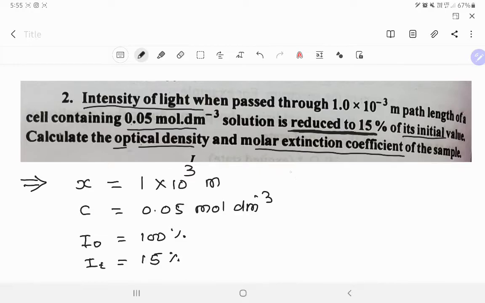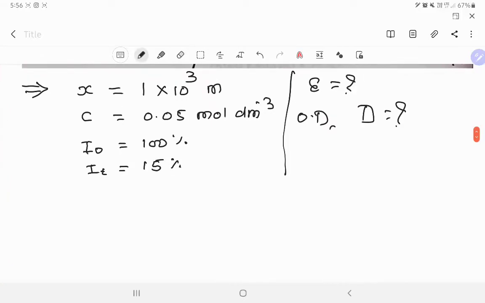And what you have to determine? Molar extinction coefficient as well as optical density or D. Now you have to choose these two, I0 and I is given or IT is given. Means you have to choose the formula, that is Beer's law, log of I0 upon I is equal to epsilon C x.